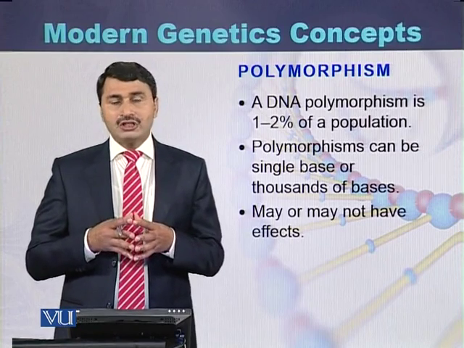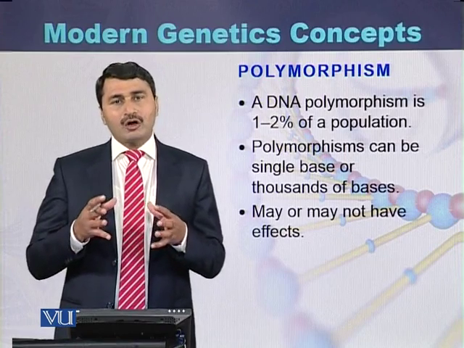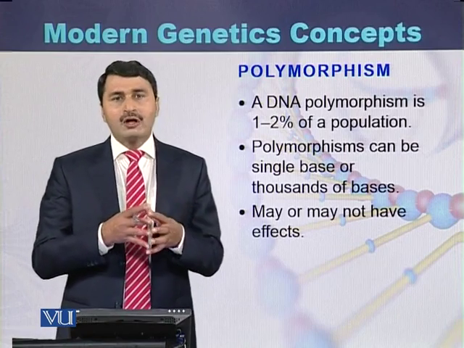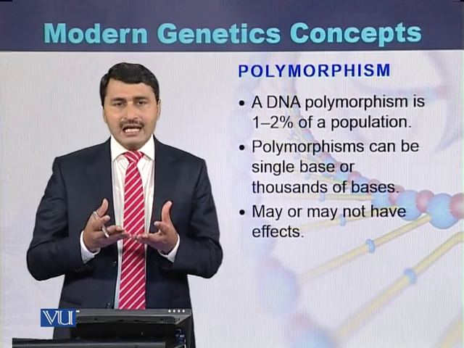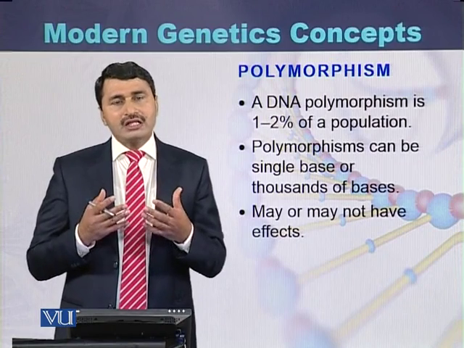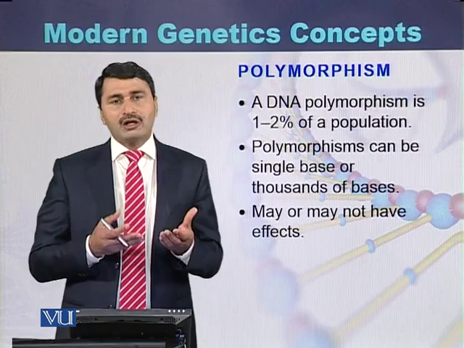If we compare mutation and polymorphism, a mutation is usually less than 1%, and a polymorphism can be more than 1% in that particular population.